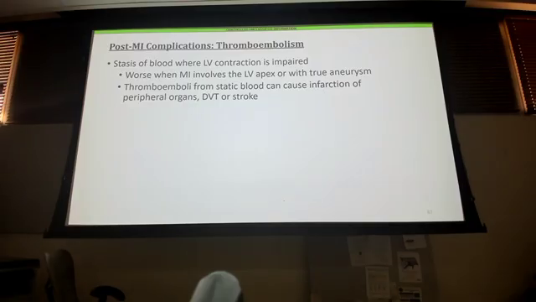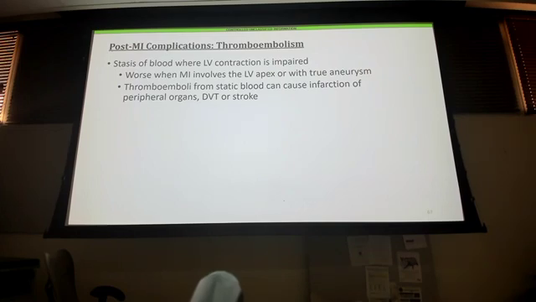If it's on the left, you're talking about strokes, you're talking about peripheral arterial disease and occlusion. If it's on the right side, you're talking about pulmonary embolisms, right? So after a heart attack and the disruption of the normal function and circulation of blood within the chambers, it can lead to that clot forming and then having downstream effects from that clot.